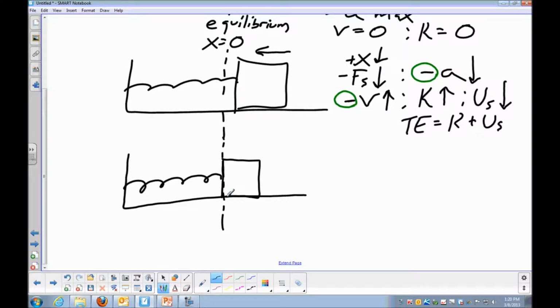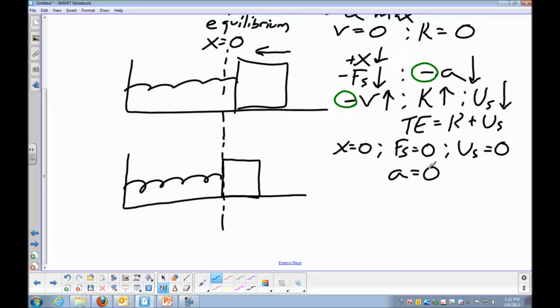So now my box is at equilibrium. That means x is equal to 0. If x is equal to 0, my spring force is equal to 0. If my position is equal to 0, my potential energy is equal to 0. If my spring force is equal to 0, my acceleration is equal to 0.